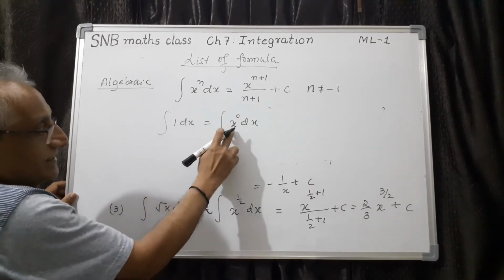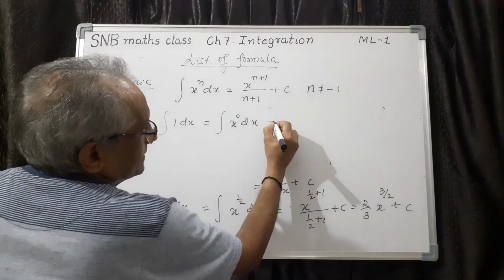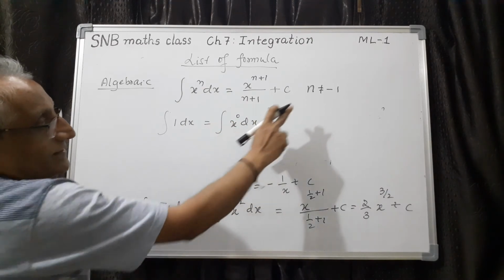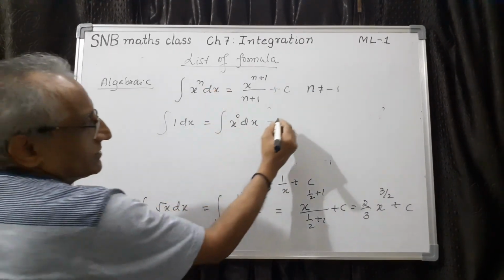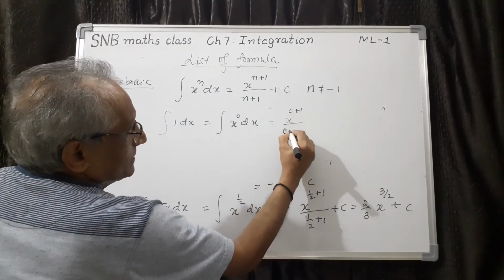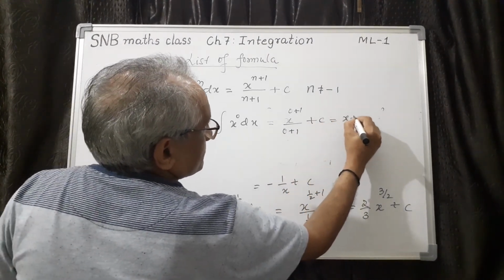So 1 can be written as x^0 for any value of x except 0. What is n now? It is 0. But other than n equal to minus 1, for any other value you can use this formula. So x^(0+1) by (0+1), of course plus c, which is x plus c.